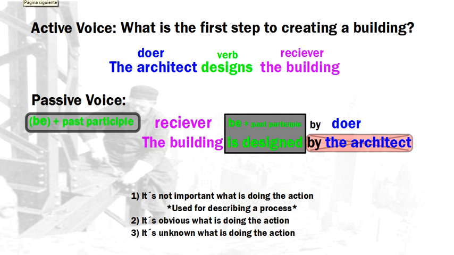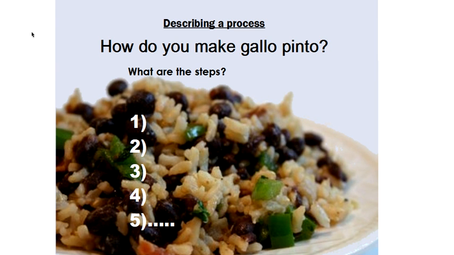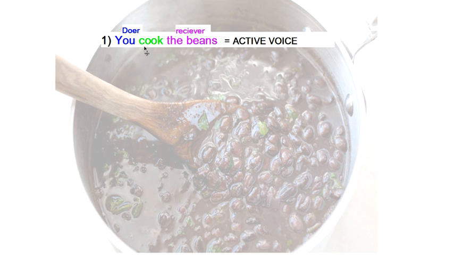Alright, very good. So, let's look at our grammar when we're describing a process. For example, how do you make gallo pinto? What are the steps? There are many steps when we make gallo pinto, but maybe the first step, and maybe the most important step, is this: you cook the beans.